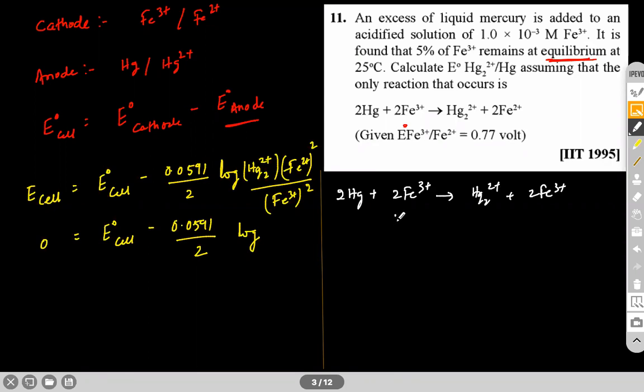This is 1 into 10 to the power minus 3 present initially. It is 0 and 0. When 5% is left, it means 95% reacted, right? So this is the Fe3 plus concentration which is left here. That will be 10 to the power minus 3 into 0.05.